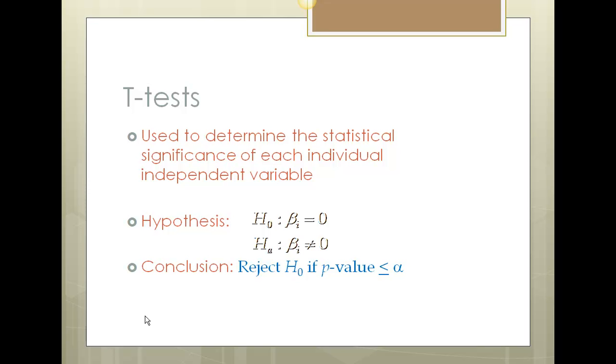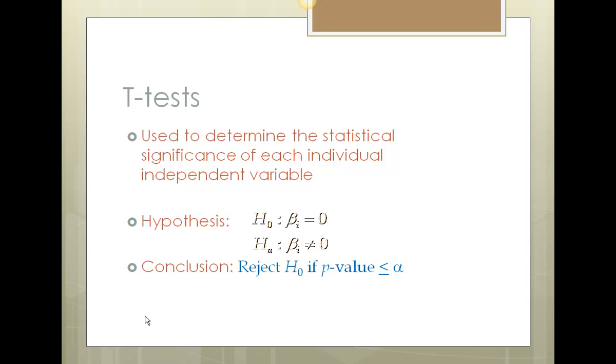T-tests. We can conduct individual t-tests to see how our independent variables individually impact our dependent variable. So they're used to determine the statistical significance of each individual independent variable. I can do a different t-test for each of the independent variables that I have. In this case, I have 2.